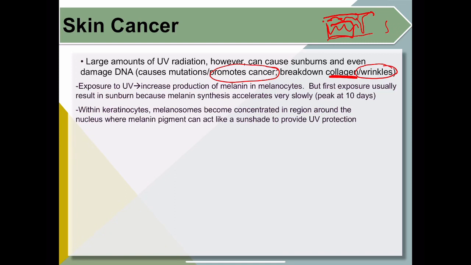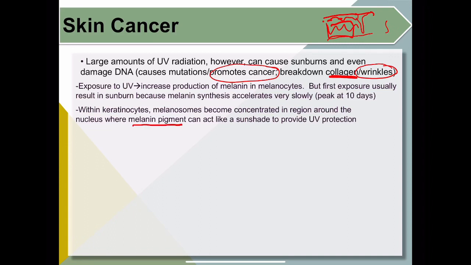We need a little bit of sun for producing vitamin D3, which in turn makes calcitriol. So this is where melanin comes in. Melanin is acting as some sort of protection. When we have increased exposure to UV radiation from the sun, our melanocytes in the skin will increase their production of melanin pigment.